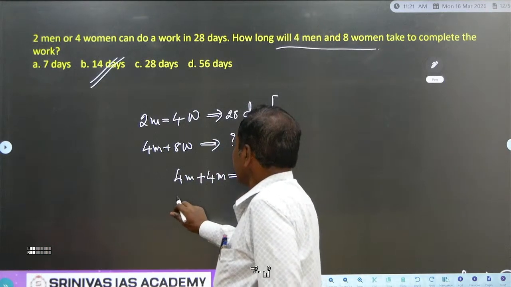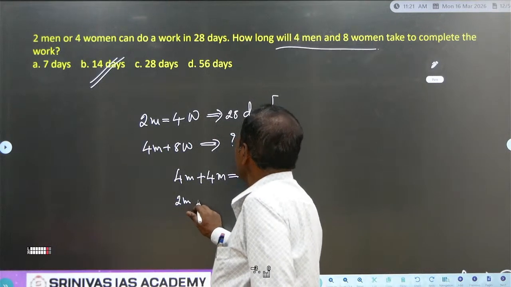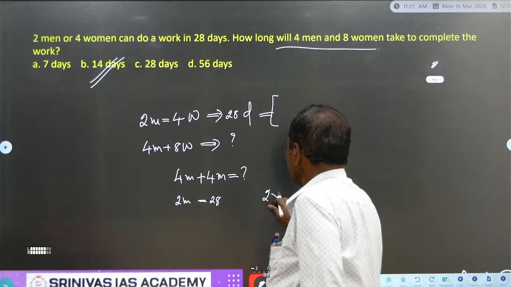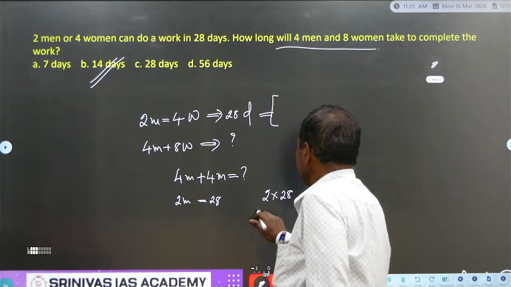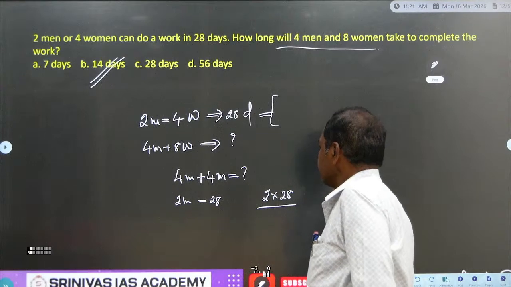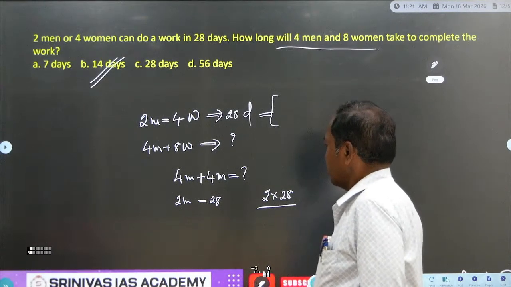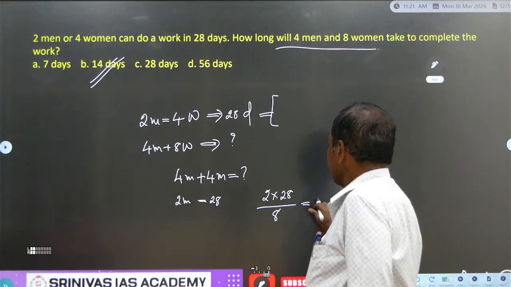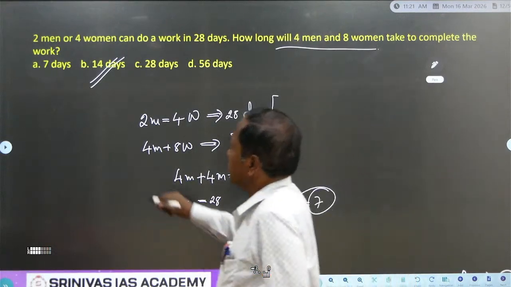Here 2 men will take 28 days. Now we can solve: 2 into 28 by 8, 56 by 8, 7. That's right, no?